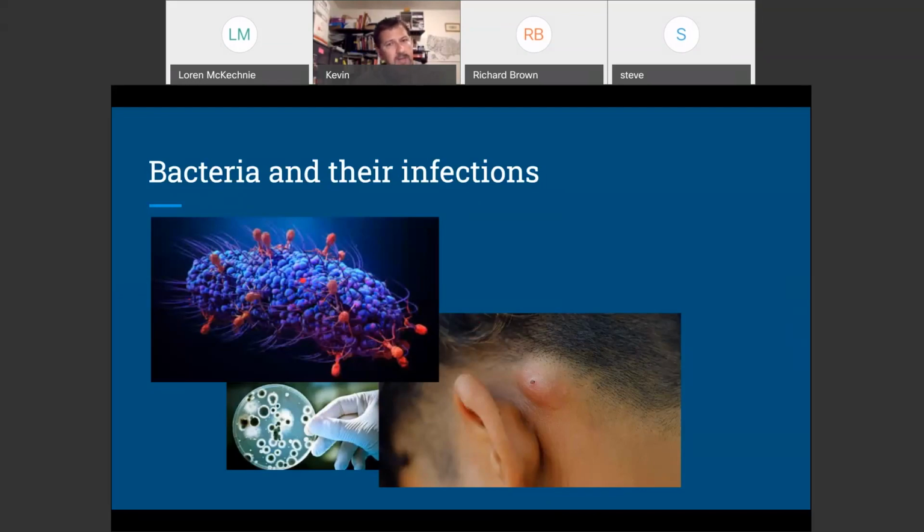Now, bacteria are single-celled organisms, and to grow, they simply copy themselves and divide. So one parent bacteria will become 2, and then those 2 will each divide and become a total of 4, and then the 4 will each divide and become a total of 8. They grow simply by cloning themselves and spreading.